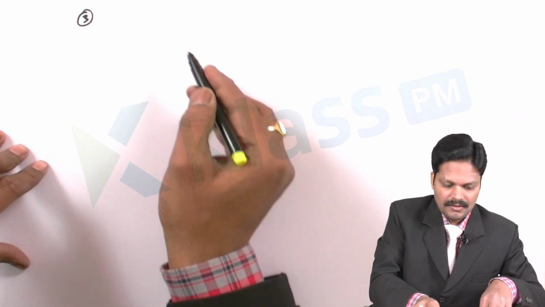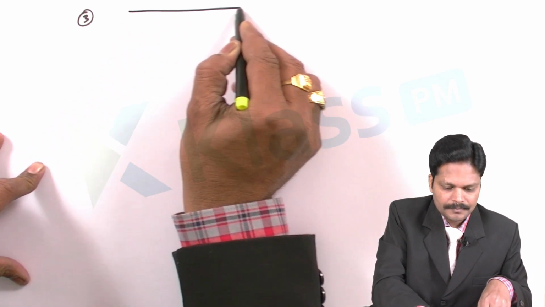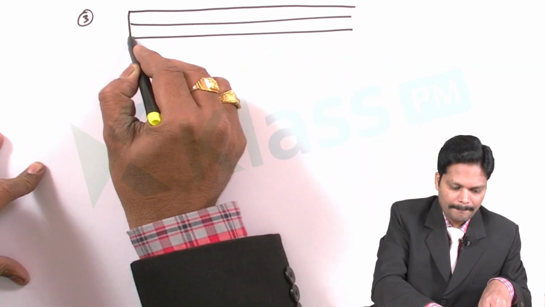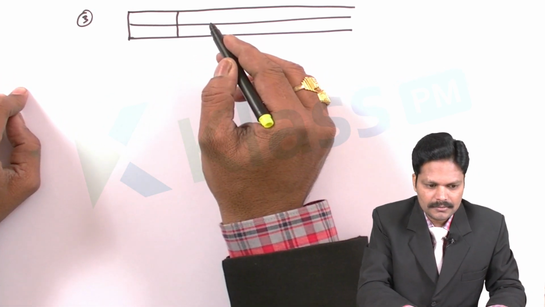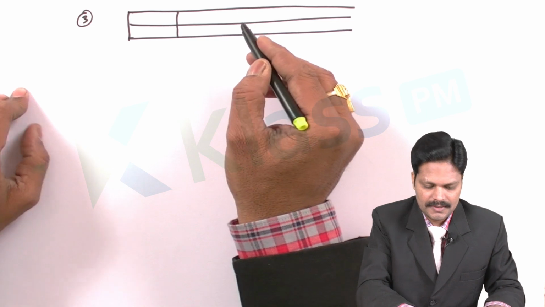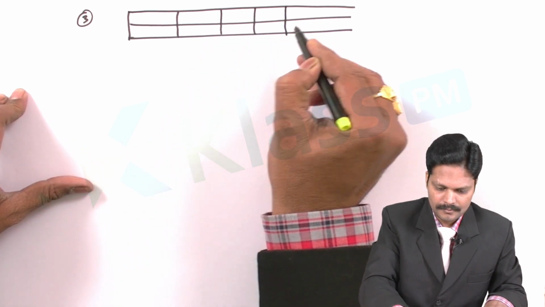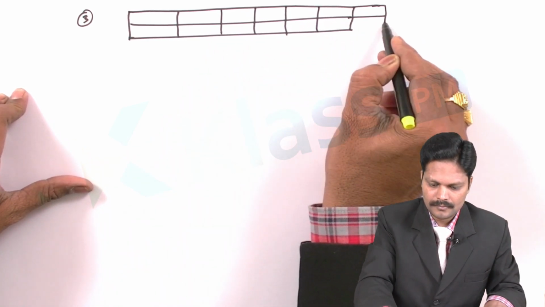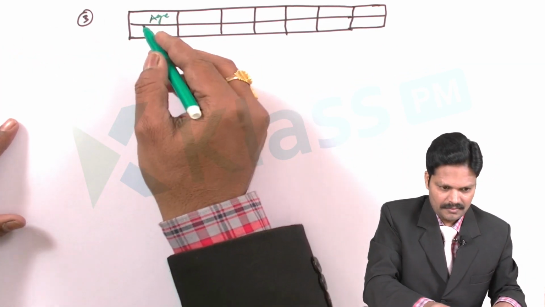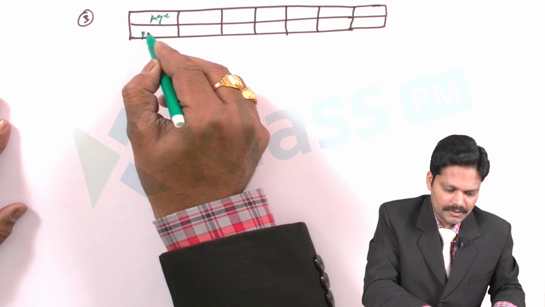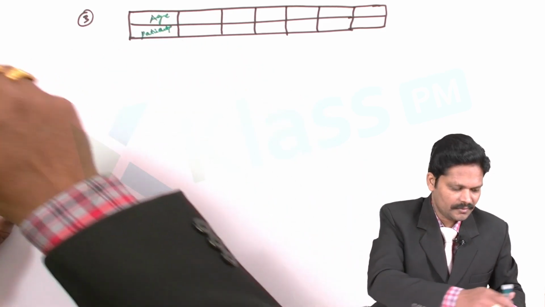So from the data we need to write these values here. So age and patients I'm taking 1, 2, 3, 4, 5, 6 we are having. In the data we are having here, this is the age group in between what we are having. In the patients we are having.